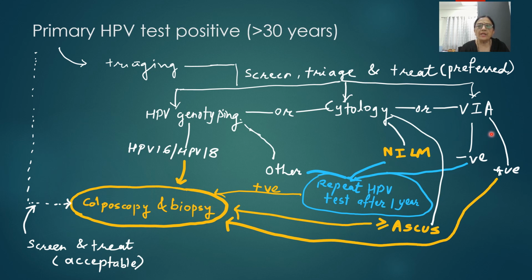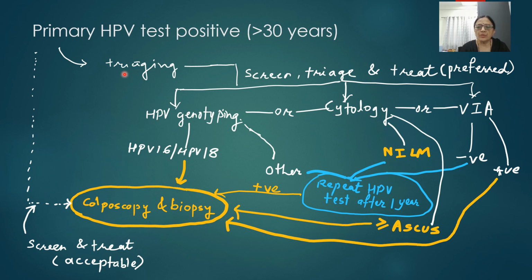And if there are acid-white areas with the VIA, it will be an indication to proceed with colposcopy and directed biopsy.